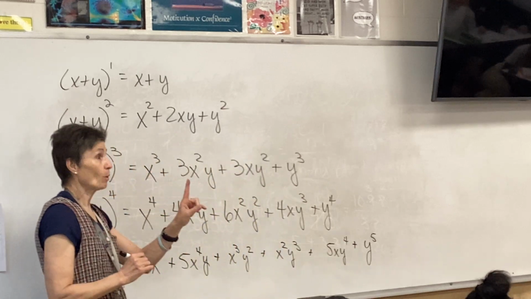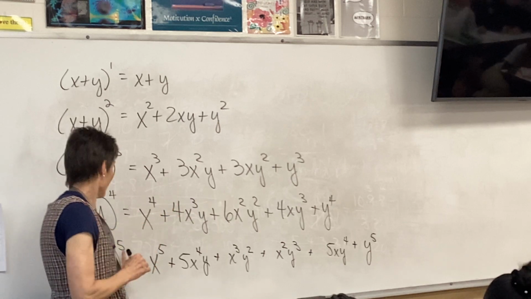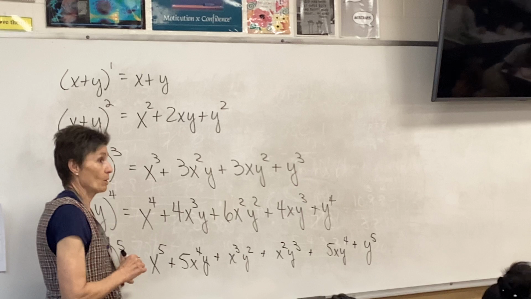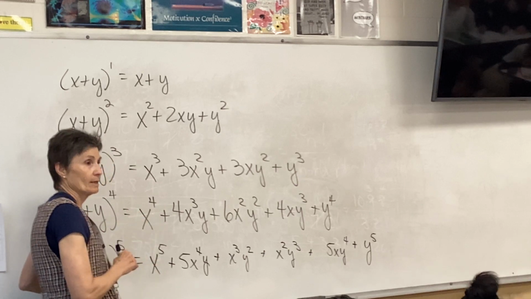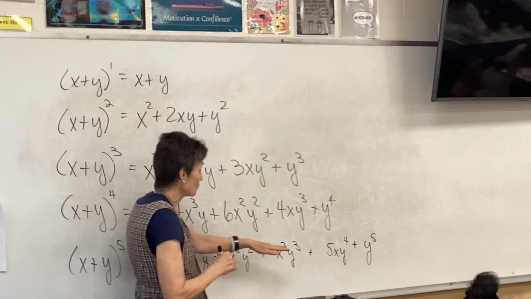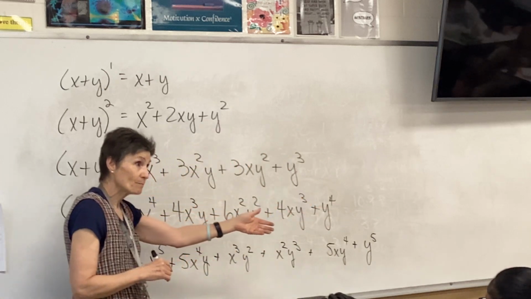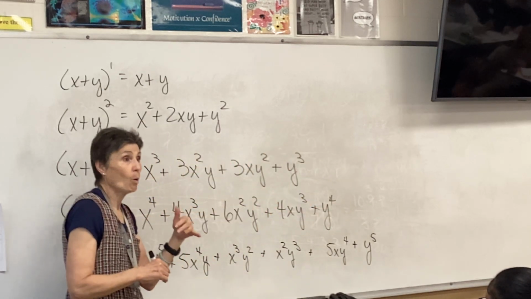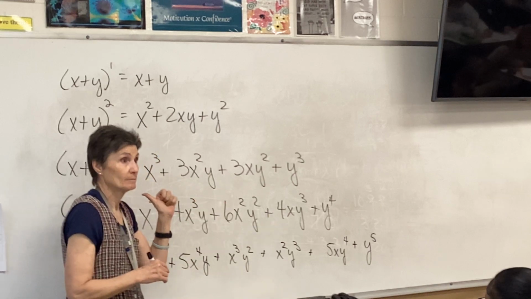So, big important observation. Two of them actually are here. When you're going to the fifth power, the first x is x to the fifth. And then as you progress down through the terms, the powers on x keep going down, and the powers on y do exactly the same thing, but from the other direction.